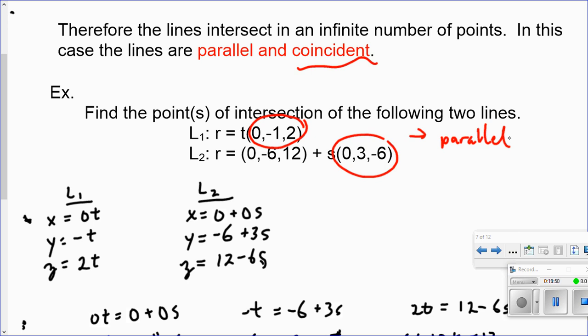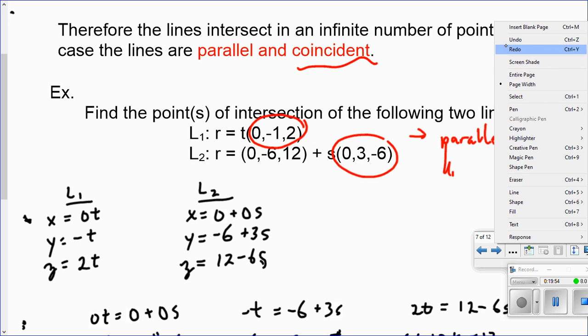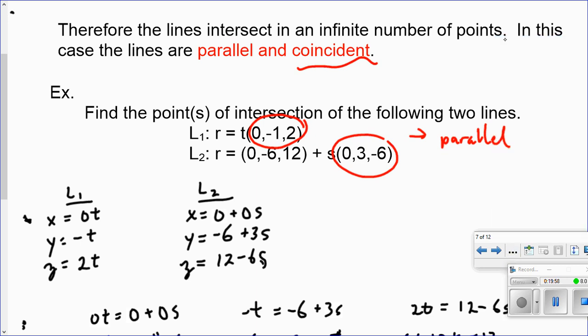If I take D1 and multiply it by -3, I get D2. Okay, so these are parallel.